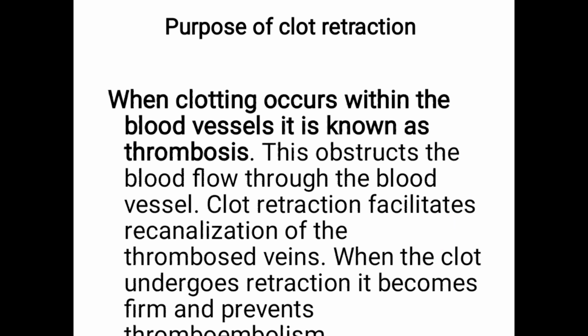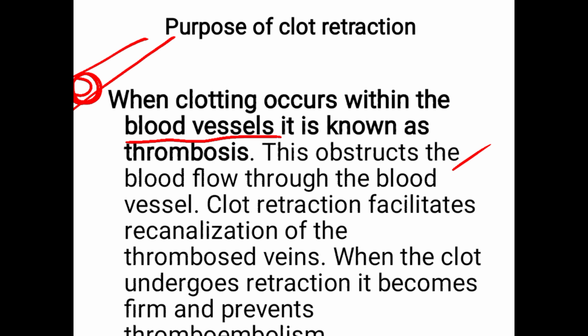So here what will happen? If the clotting occurs within the blood vessels, suppose this is your blood vessel and the clot occurs here, that is called thrombosis. Within the blood vessels, if the clot occurs, it is called thrombosis. This will obstruct the blood flow. Suppose the blood has to go here, but the clot is obstructing the flow of the blood.